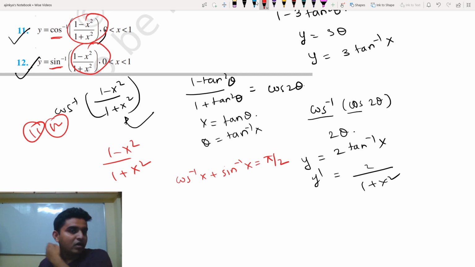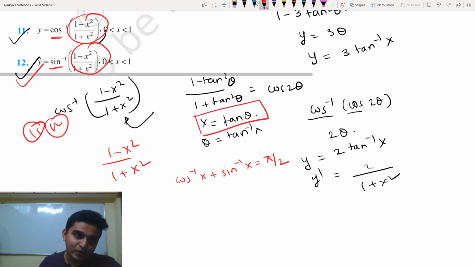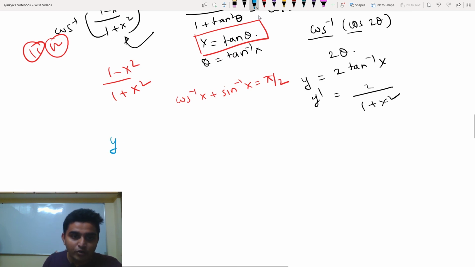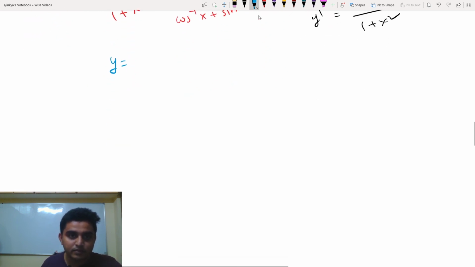Now if you look at this particular question, what you are going to substitute is the same. You are going to substitute x equals tan theta for the 12th question also, and inside what you are going to get is, I'll just try to write in blue, sine inverse of cos 2 theta, right?